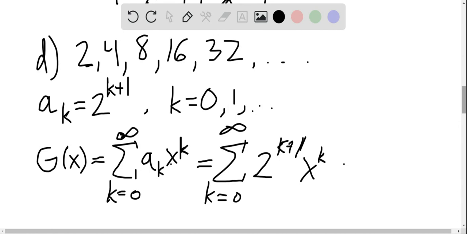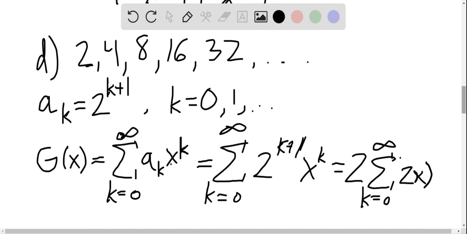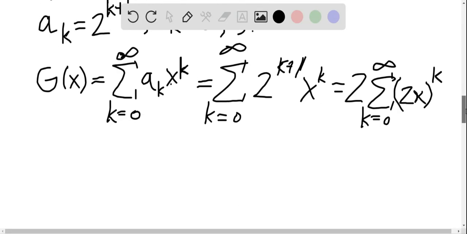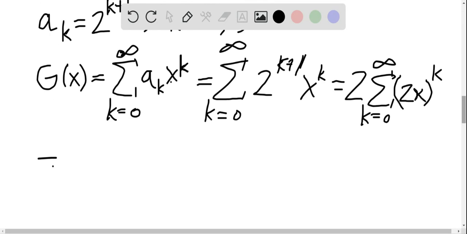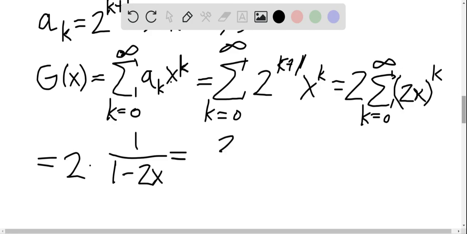And this is equal to, factoring out a 2, 2 times the sum from k equals 0 to infinity of 2x to the k, and we have that this is equal to, by a theorem, 2 times 1 over 1 minus 2x, which is equal to 2 over 1 minus 2x.